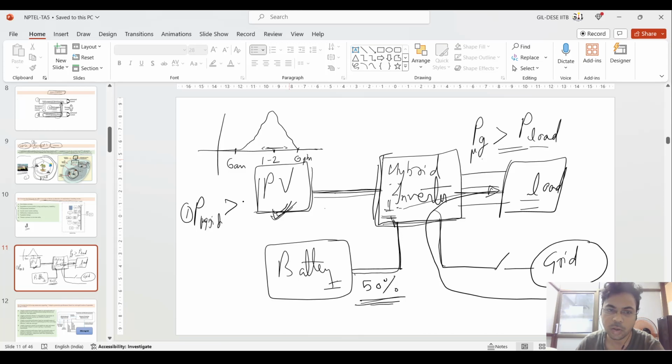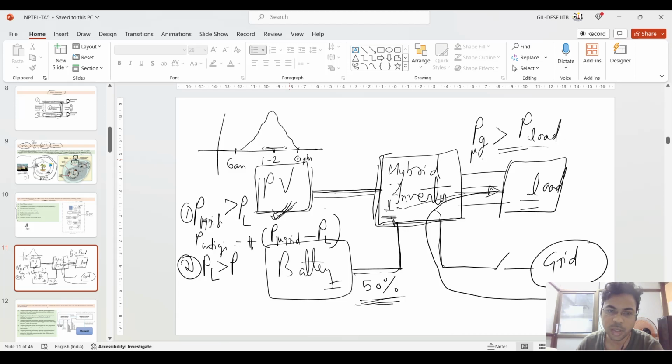So what situations have come? First, when the microgrid generation is greater than P load, the utility grid takes the extra power, which is positive: P microgrid minus P load is the amount of power sent to the grid.